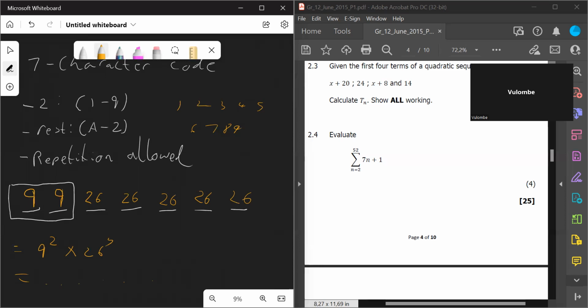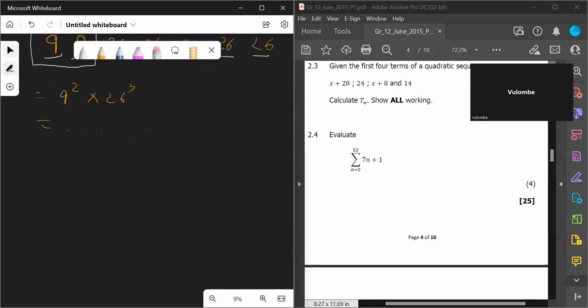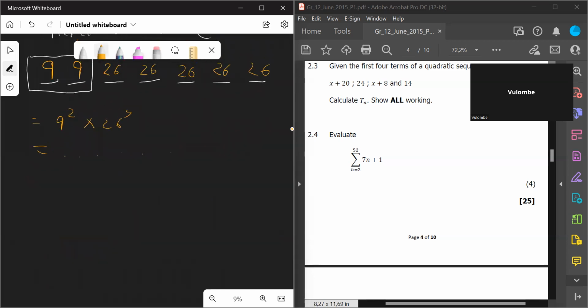They can tell you things like the repetition isn't allowed. So if repetition isn't allowed, you do it like this. For the first digit, we have 9 choices. The second one, we've already used one, so now we have 8.